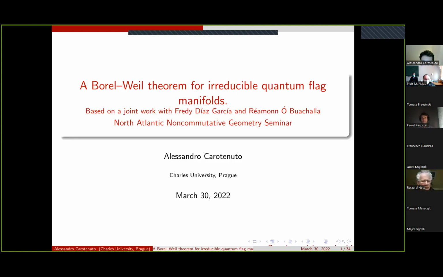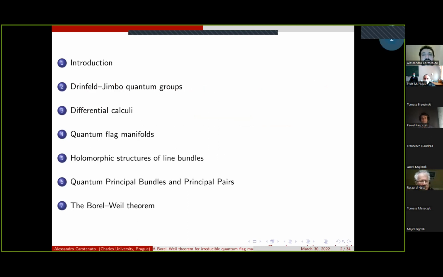So let's begin. This is the table of contents of the talk. I will start with a gentle, brief introduction, both historical and conceptual, to the Borel-Weil theorem. Then I will also talk about some material which I presume is well known to most of the crowd, but nevertheless should be discussed.